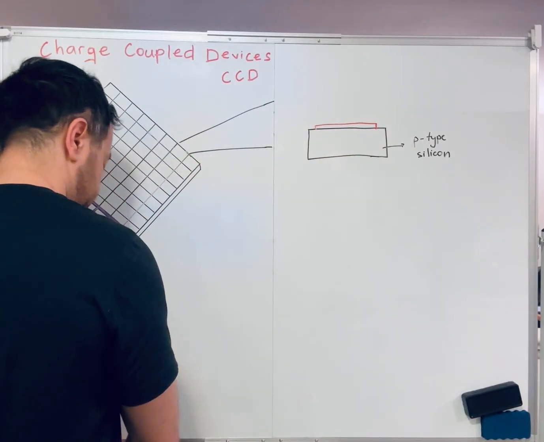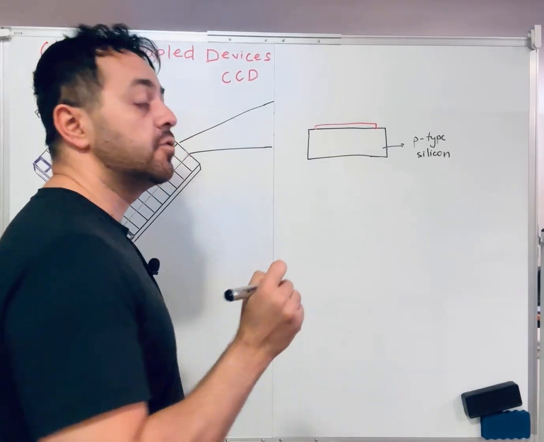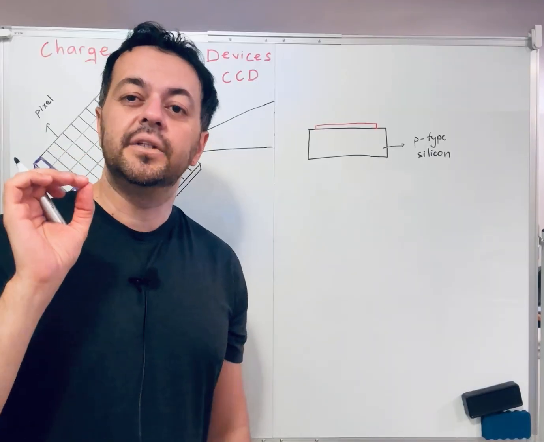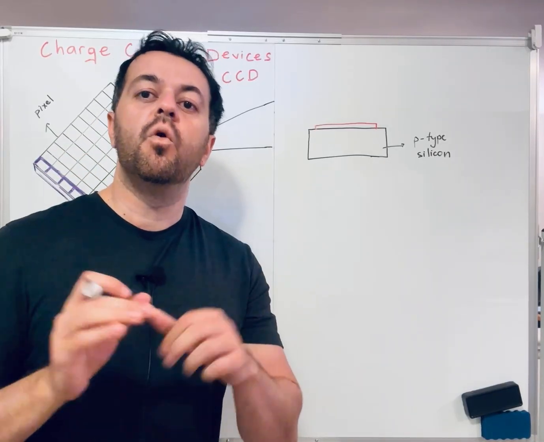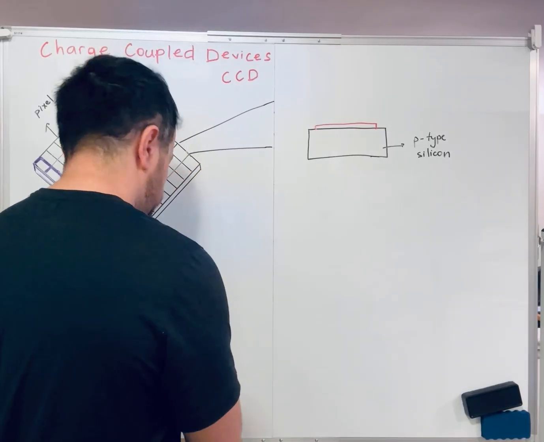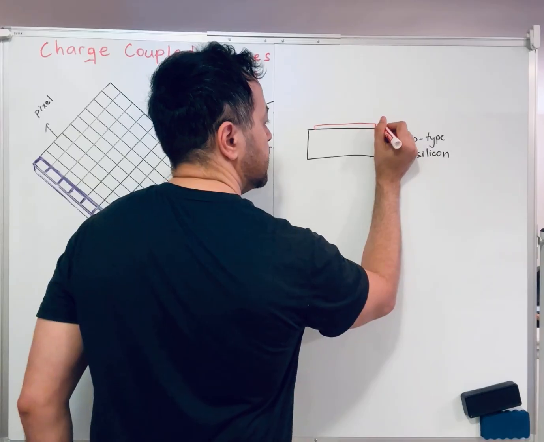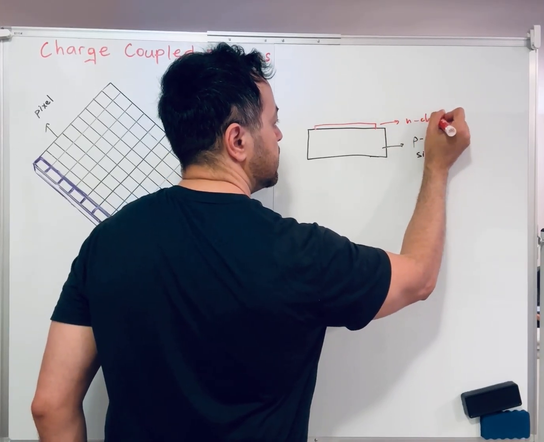I apologize for the noise. On top of this p-type silicon and on top of the insulator, which is also called the n-channel insulator, there is a thing called gates.